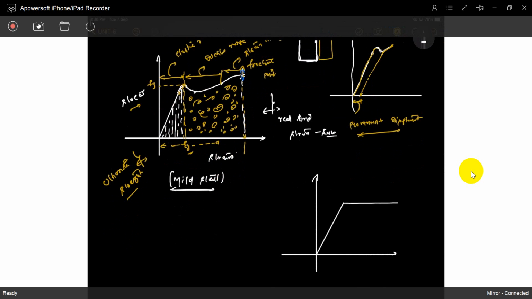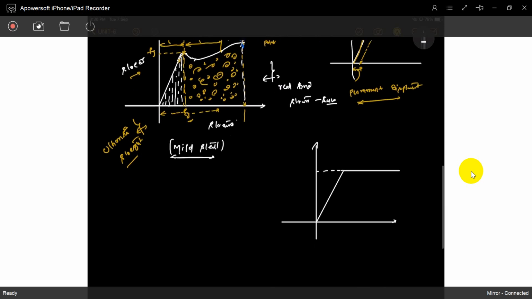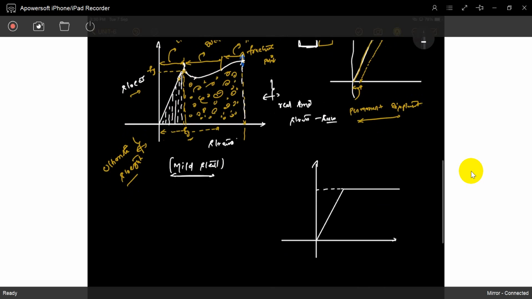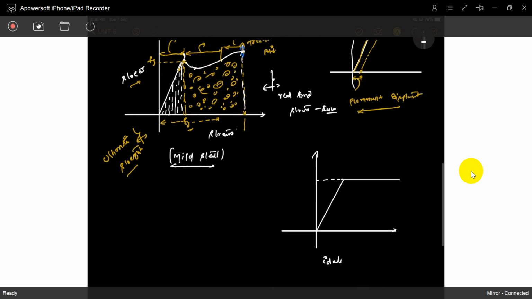This small difference is neglected. This is the idealized stress strain curve. Okay, so this is Fy, this is Ey, this is the failure strain.